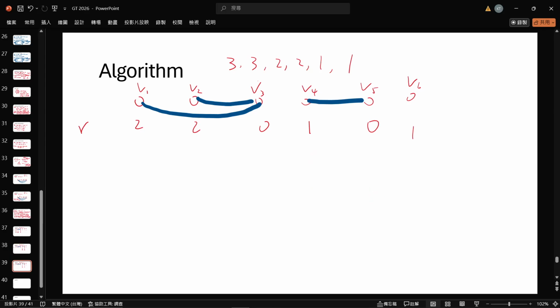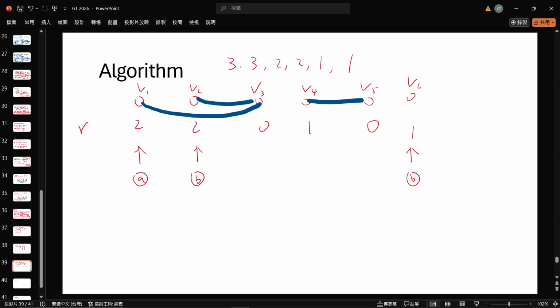Okay, so round 3 we can do this. We choose V1 as the vertex in step A. Now we have to choose 2 vertices with the highest degrees. We must choose V2 because it's the highest degree. And for V4 and V6, we can choose any one of them. So suppose we choose V6.